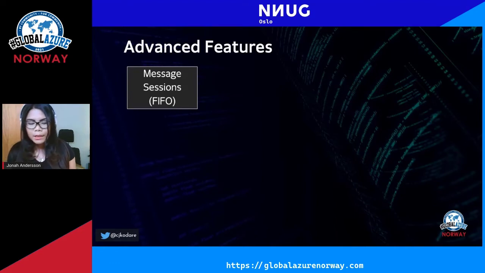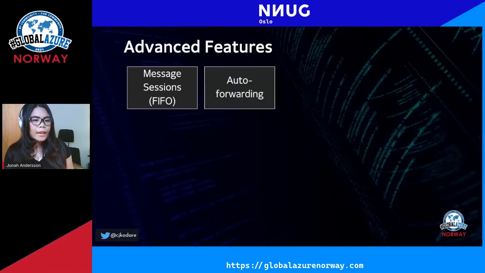You also have a feature called auto forwarding that chains a queue or a subscription to another queue or a topic. And in order to do auto forwarding from a queue to a topic, both of them, the queue and the topic, should be in the same namespace. And what is a namespace? I will be going through that in detail later.